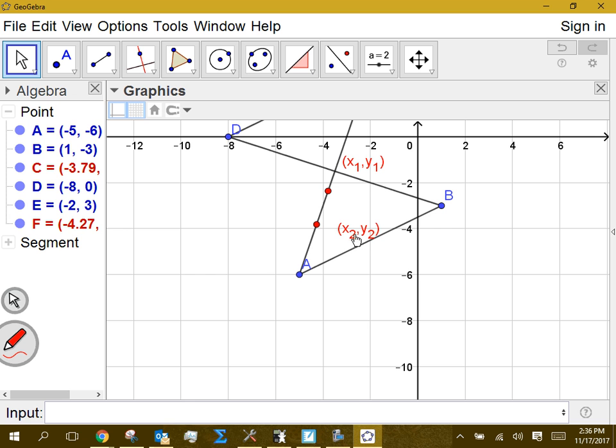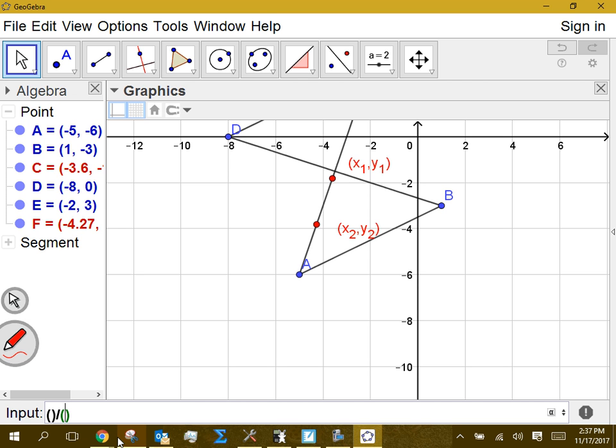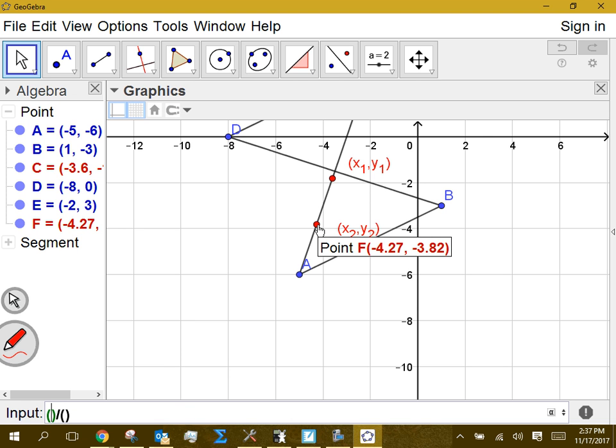So this point here is F, and as I start moving this other one, it changes C, right? So the bottom one's F and the top one's C. What I want to do is create a formula here for doing slope. I know slope in general is going to have a numerator and denominator, right? I want to take the y value of that point right there.